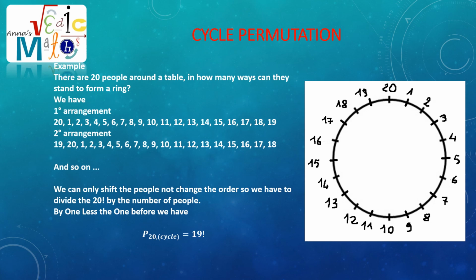We can't change the order, so we have to divide 20 factorial by the number of people, 20. And we use the sutra by one less than the one before, and we have the permutation of 20 people in a cycle is 19 factorial.